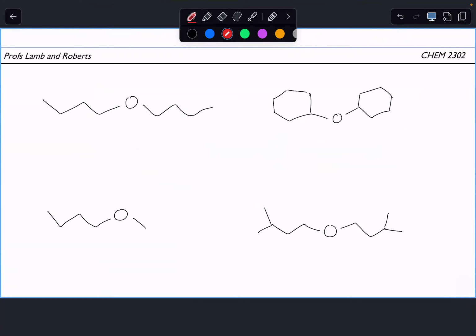The first one is, are they both primary? So here and here, we have at least 2 hydrogens, right? So those are primary. And is it symmetrical? Yes. Great, so that one works.